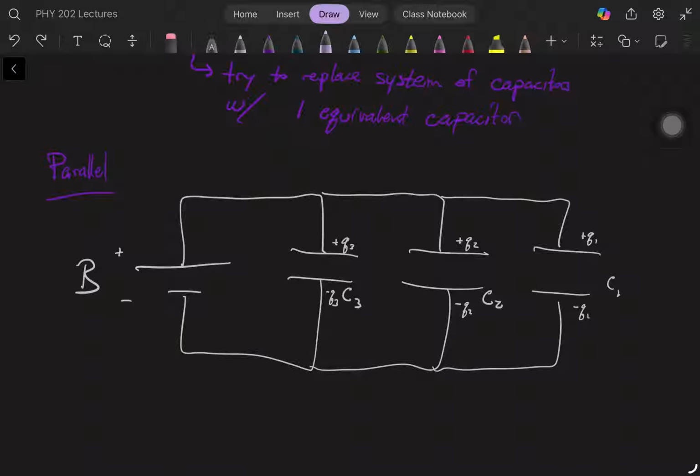And so what we get is if this has some potential V, so does this, and so does this, and so does this.